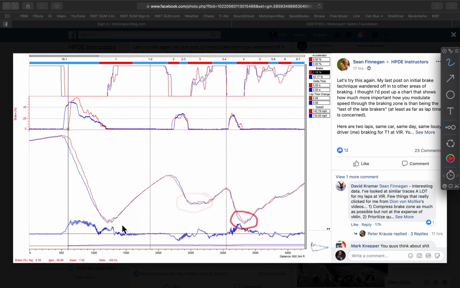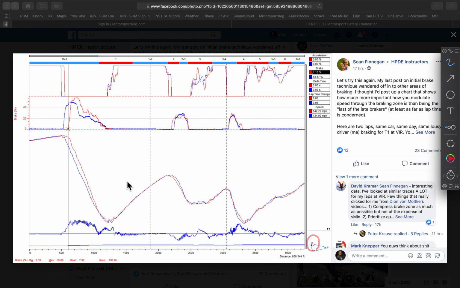Please note that the speed here and here is pretty low. Matter of fact, this one looks a little lower than this one. But if we draw a line right across here, they're about the same. What corner would that be? If you know VIR, you know that.